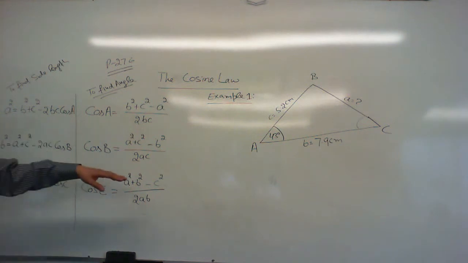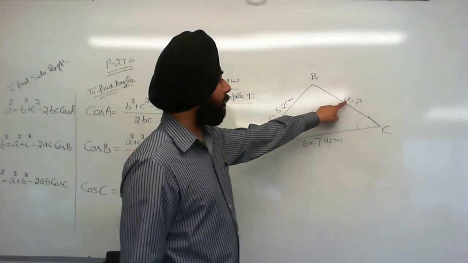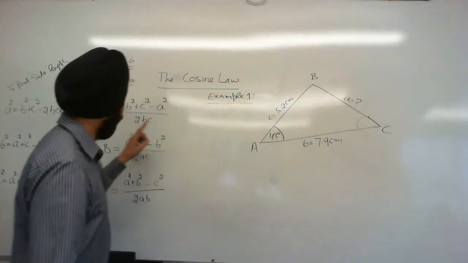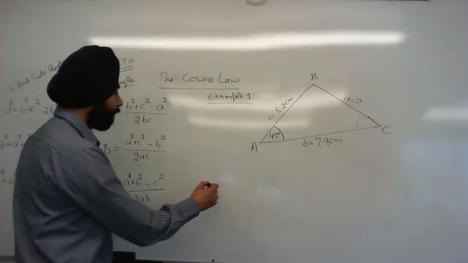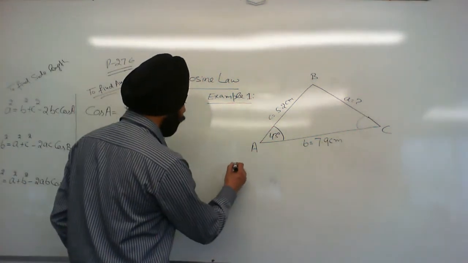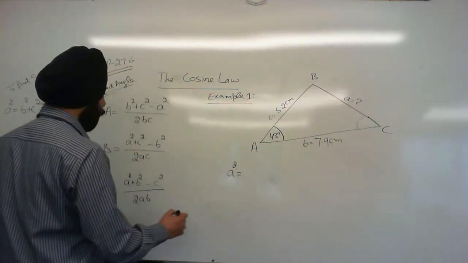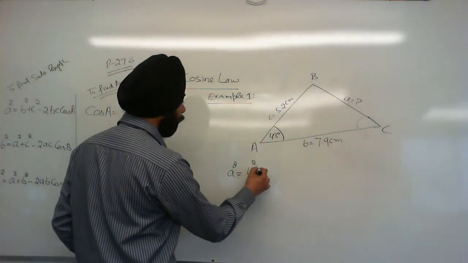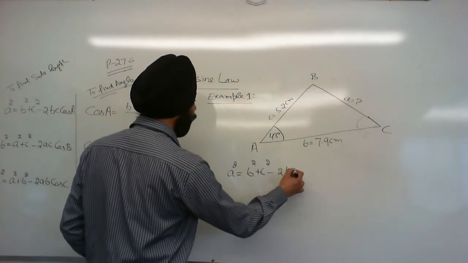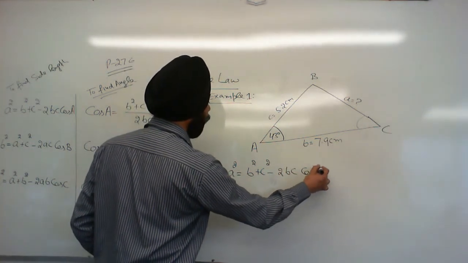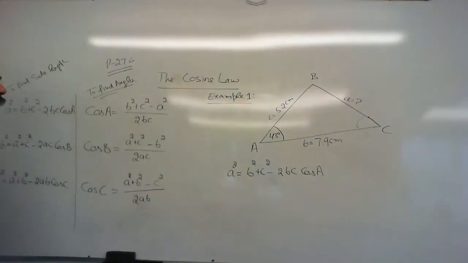Because we have to find the side length in this case, you have to use one of these three formulas. The first one, because this calculates A. So write down this formula, which is A square is equal to B square plus C square minus 2BC cos of A. Write down the formula and then put in the values.